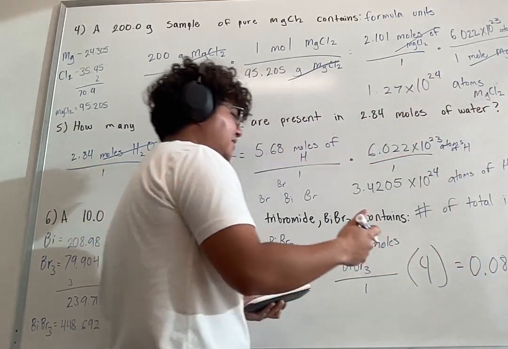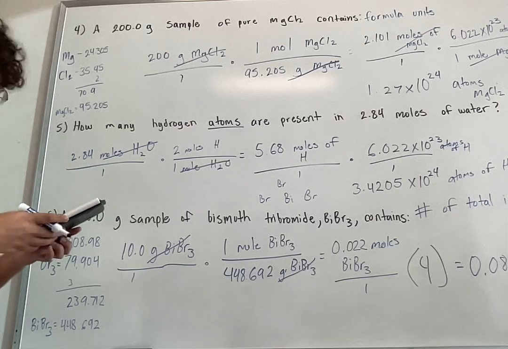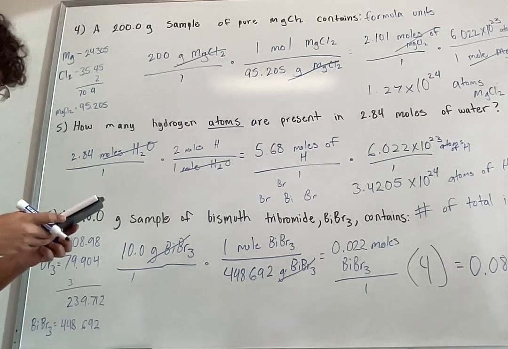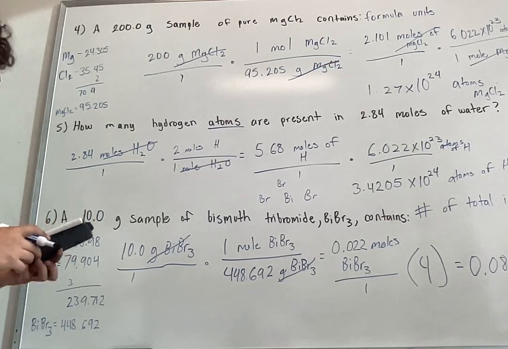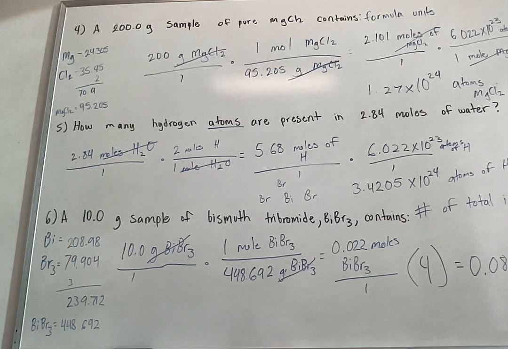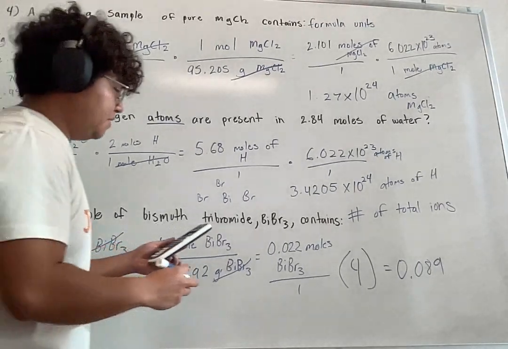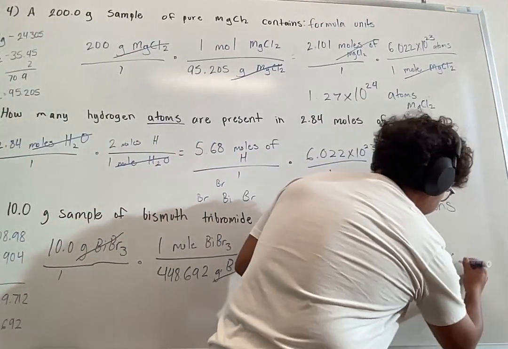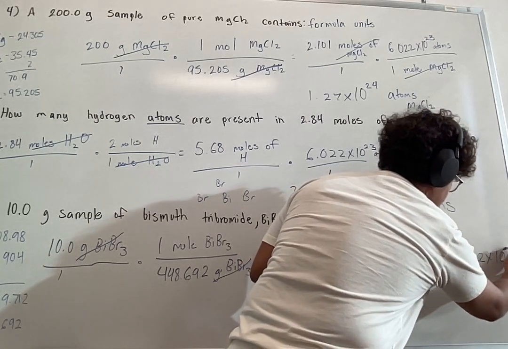And finally, we can multiply by our 6.02 times 10 to the 23rd, so we can get the number of total ions. Now, there we go, you can see that. Just gave myself some more space. 6.022 times 10 to the 23rd.